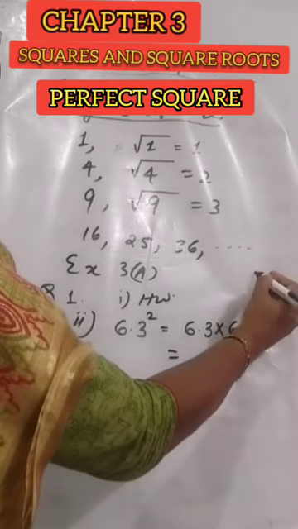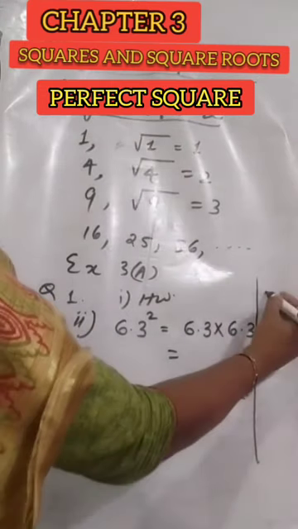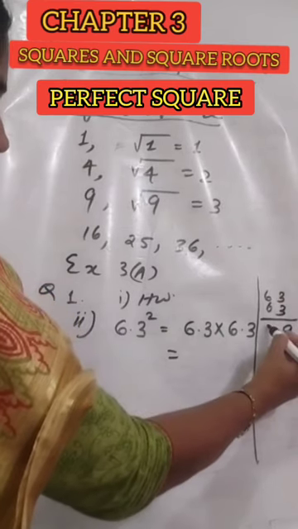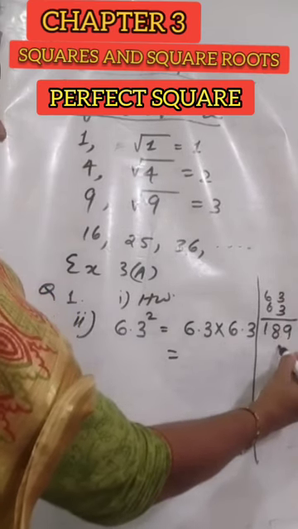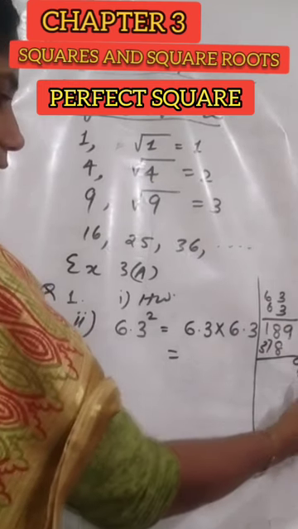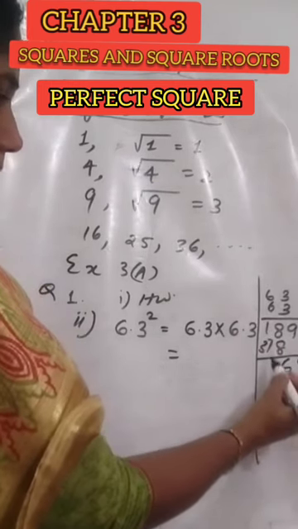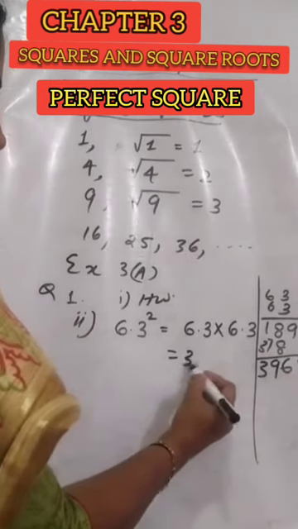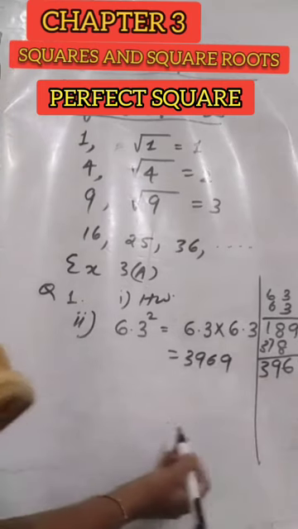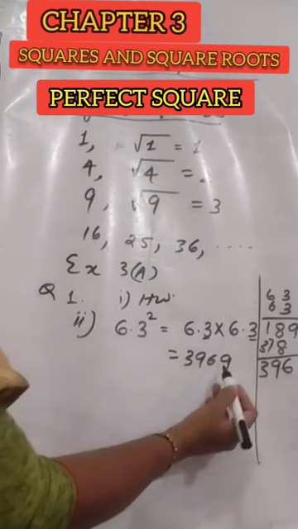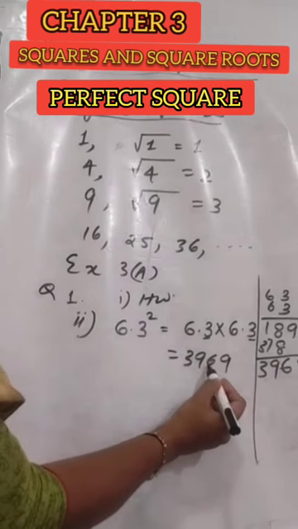First we multiply 63 into 63 and put the decimal properly. 3 3s are 9, 6 3s are 18. So the product is 3969. And how can we put the decimal? Here you can see 1 and 1, 2 digits after the decimal.